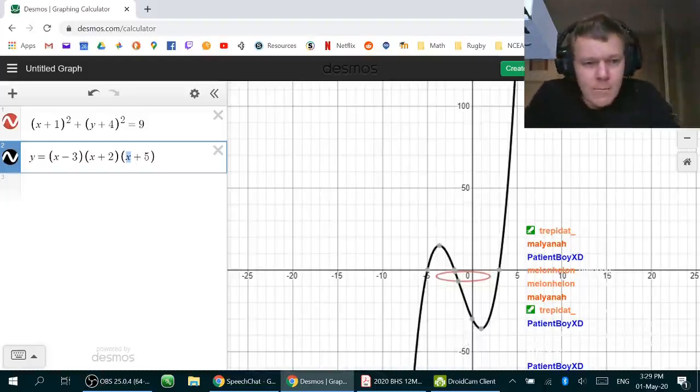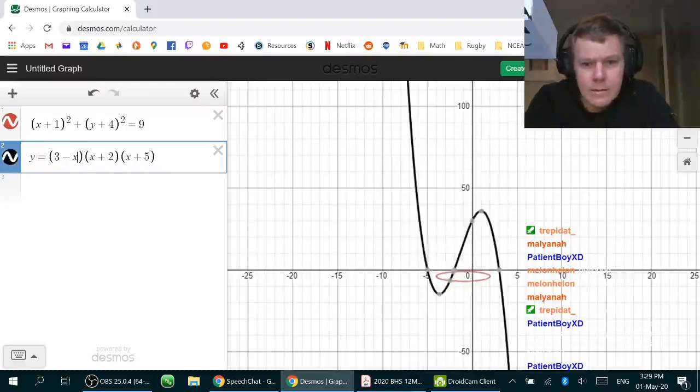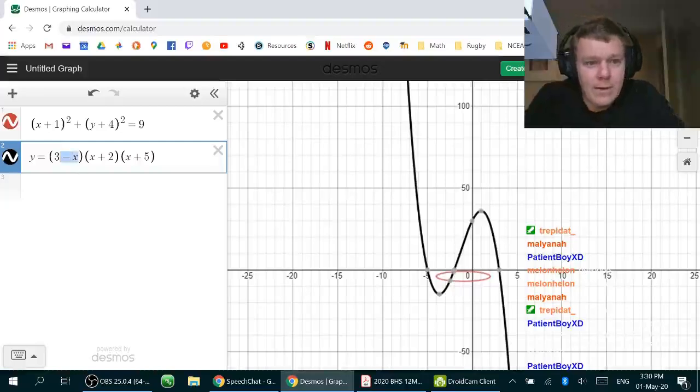Also, one way that things end up being negative is if, say, these were around the other way. So if we had 3 minus x, then for this bracket to be 0, x needs to be 3. So we've still got the same intercepts, but it's just flipped the other way. That's because if you multiplied this whole thing out and had a big, long, expanded cubic, then you'd have a negative x times a positive x times a positive x makes a negative x.